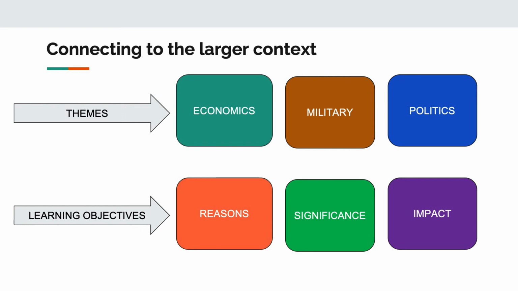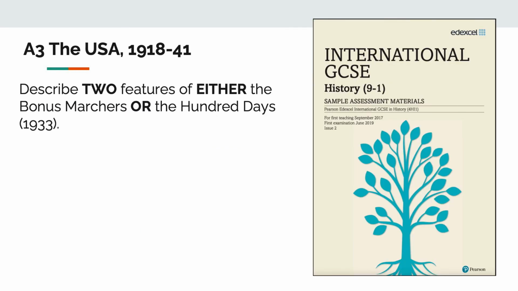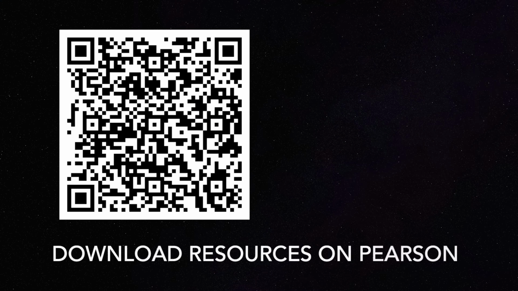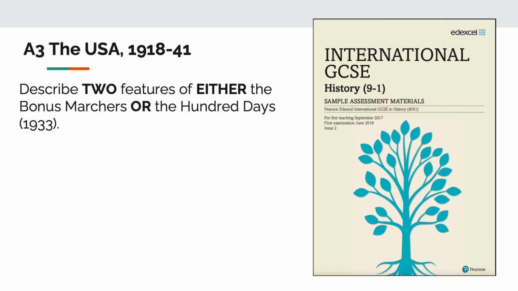Now, this is a question from the sample assessment materials. This document can be downloaded from the Pearson website. And this is a sample question from the A3 topic, the USA 1918 to 1941. Notice the bold text: describe 2 features of either the bonus marchers or the 100 days.